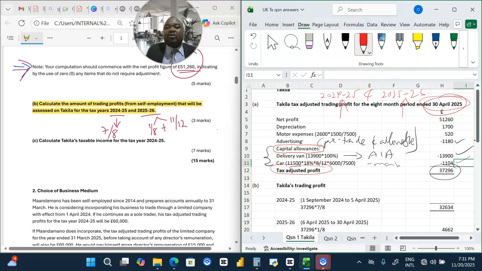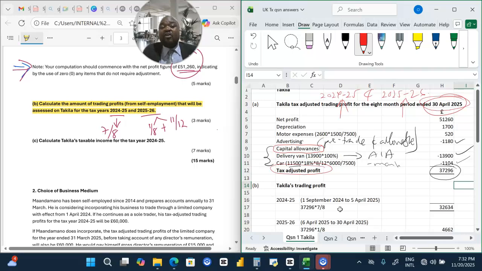So this is why we are going to say trading profit, that's 37,296, which is the figure we found on part A there. 37,296 multiplied by the fraction, that is 7 over 8. Why? Because the only months which are applicable for this particular period were only 7 months.